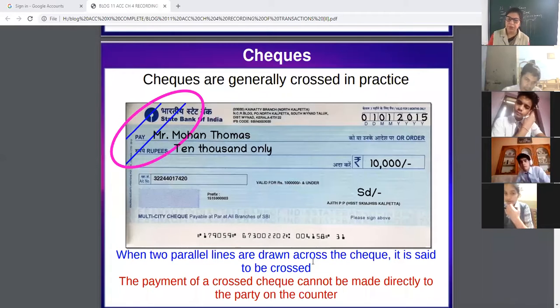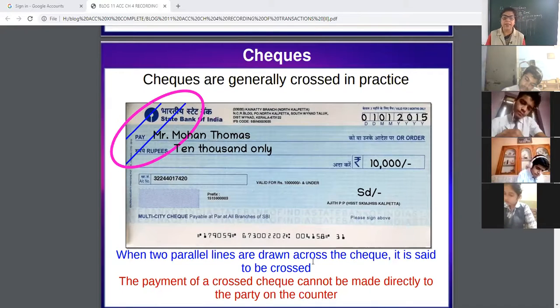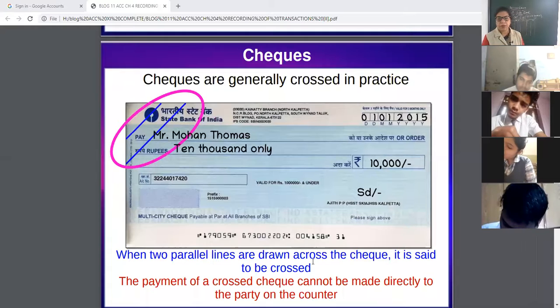It is said to be crossed. When two parallel lines are drawn across the check, it is said to be crossed. It is known as crossing of check.